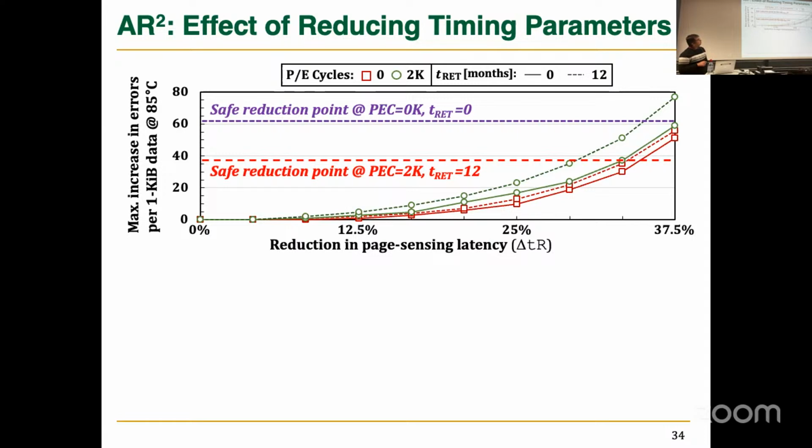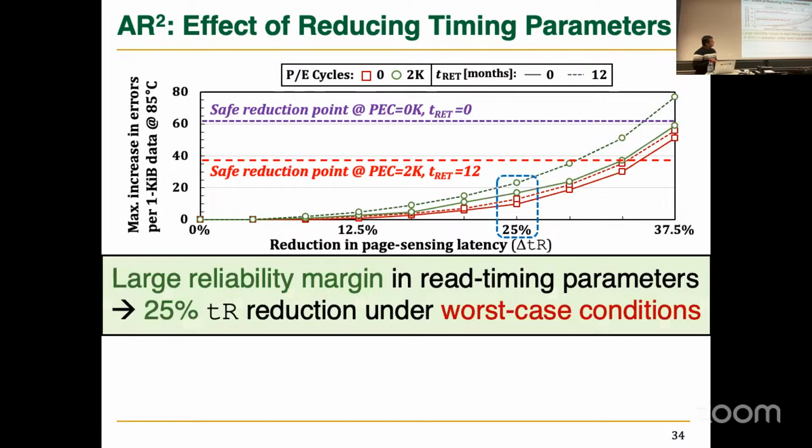If you take the worst case here, a P/E cycle of 2K and retention time of 12 months, you see that even at 25% reduction of the tR, we are still under the safe point of the ECC engine's correction capability.